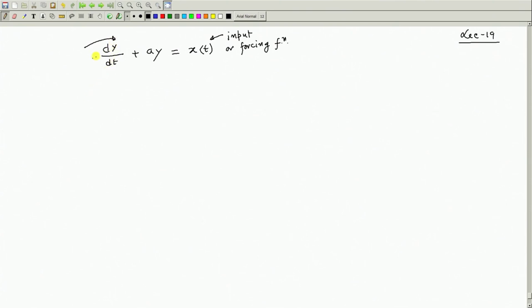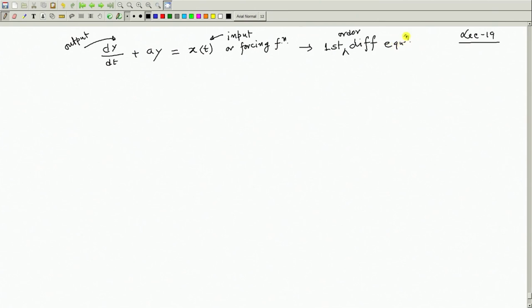So, this y t is the output we are interested in. So, we have formed a differential equation. This is a first order differential equation.